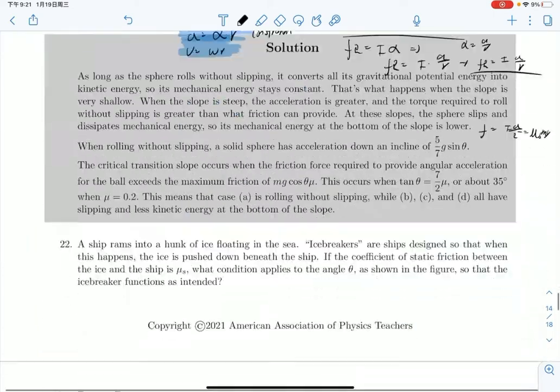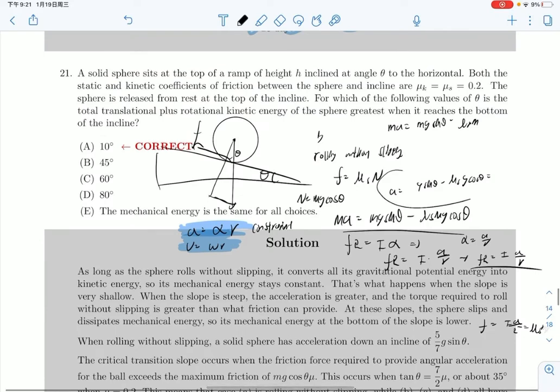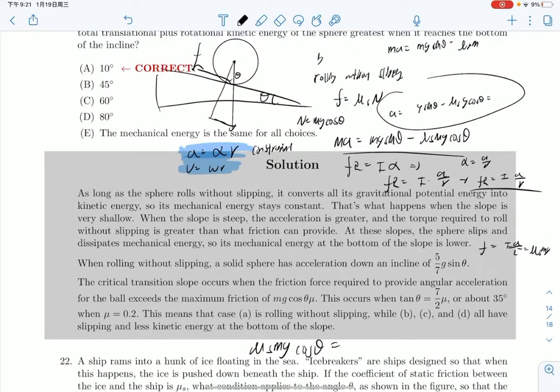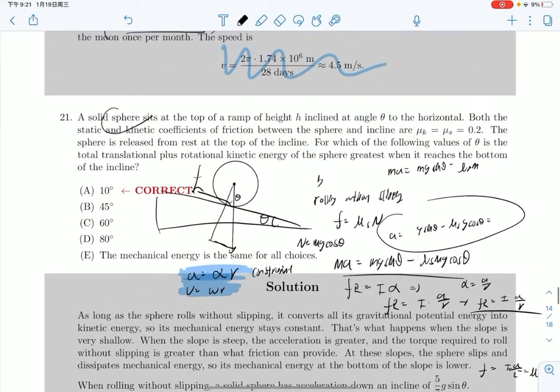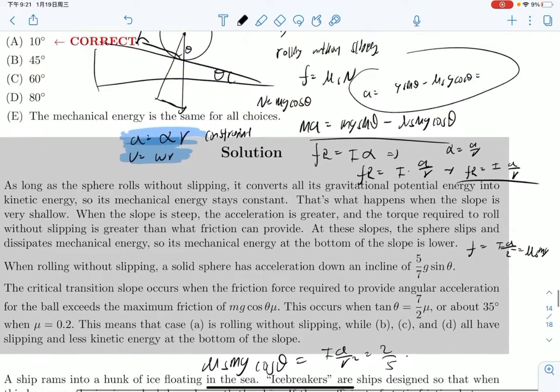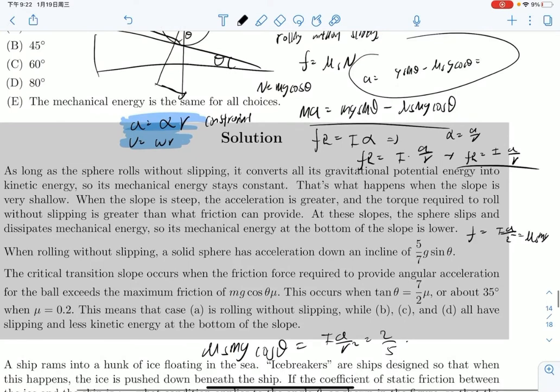And you plug into that equation, you will have mu s mg cosine theta is equal to I a over r squared, which is equal to, and here it's a solid sphere, so it is 2/5 times g sine theta minus mu s g cosine theta.